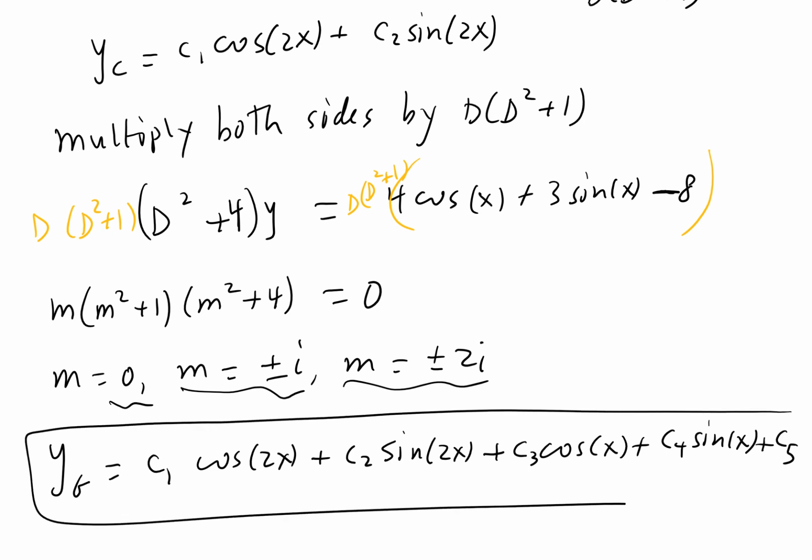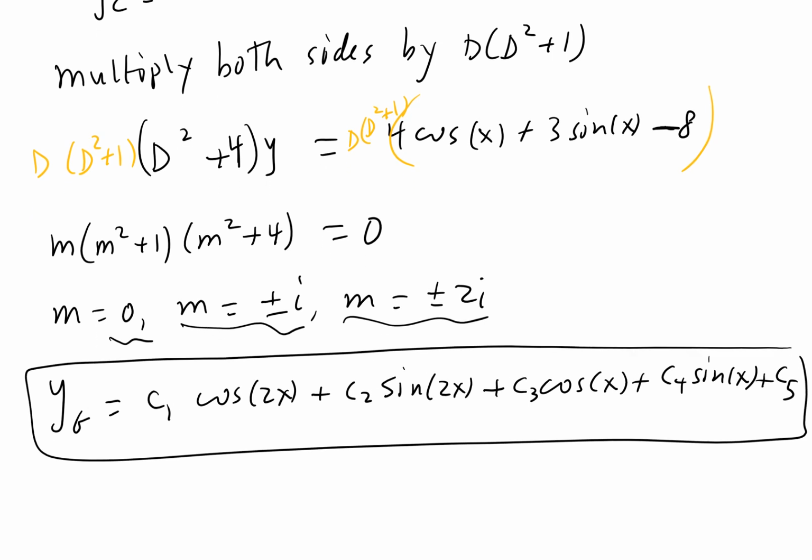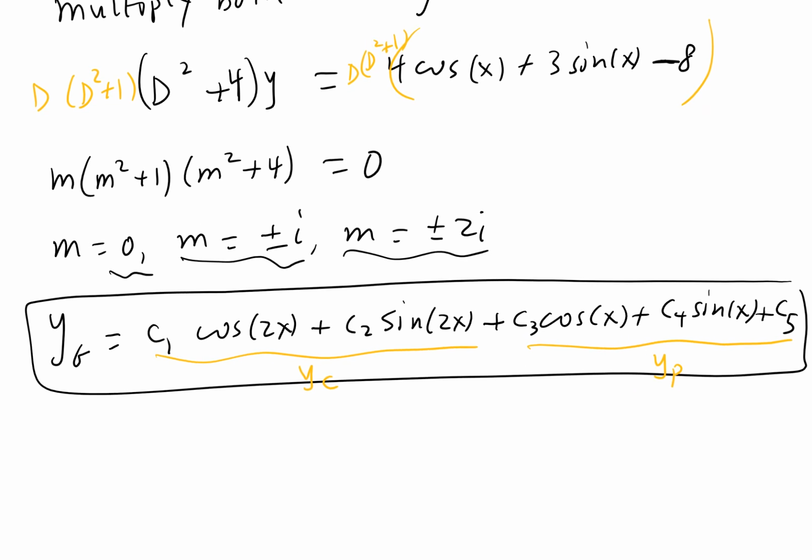That's the general solution. Here the first part is yc and the last part is y particular. So if we need to find c3, c4, c5, the way we do it is as follows.